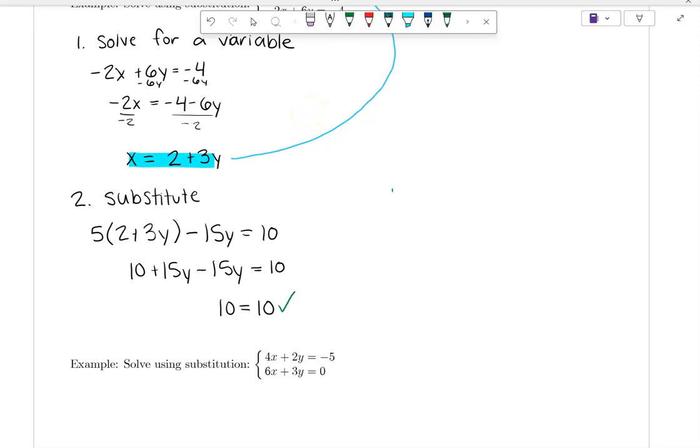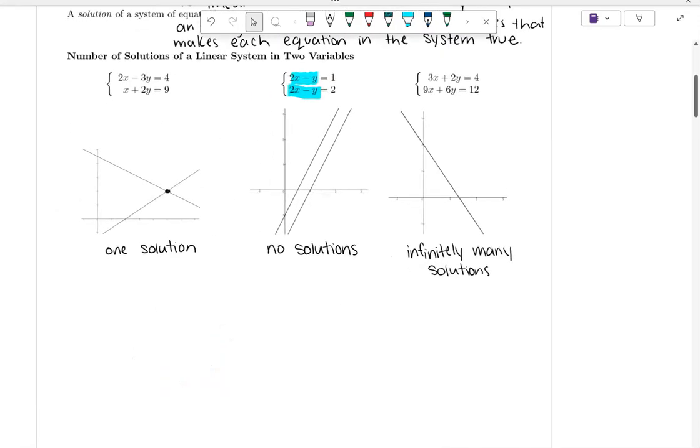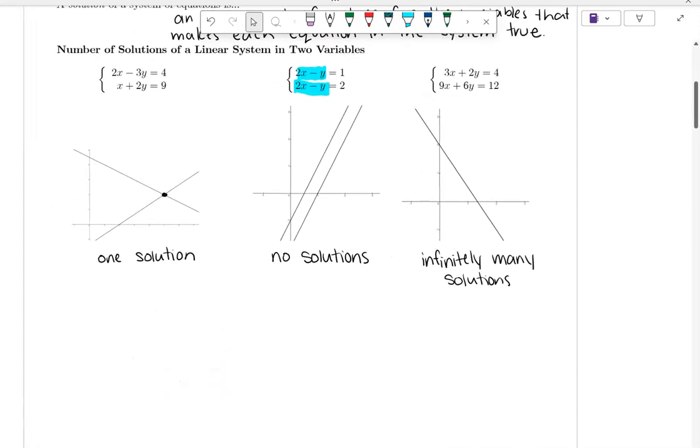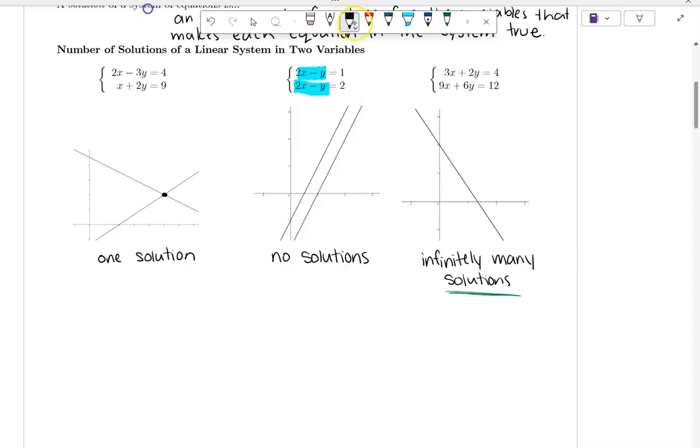So if we look back up here, which one of those do you think it would look like, if it's a true statement? It's kind of tricky. So it's going to look something like this third one where we have infinitely many solutions.